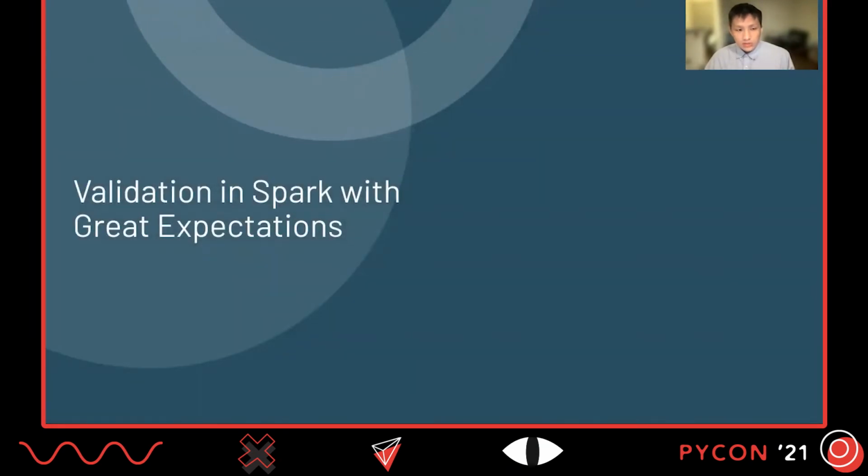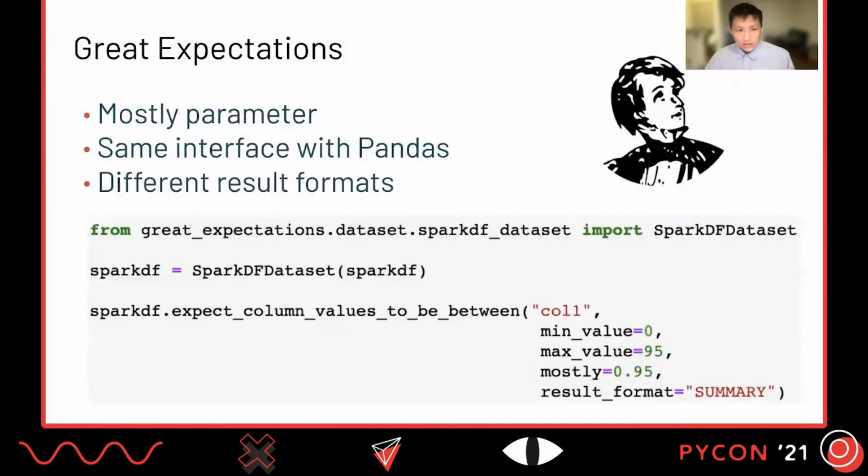So we'll begin by talking about validation in Spark with Great Expectations. Great Expectations is available for both Pandas and Spark. For people who are not familiar with Spark, Spark is a distributed computing framework that has data frames that people use when the data size is too big to efficiently handle in Pandas.